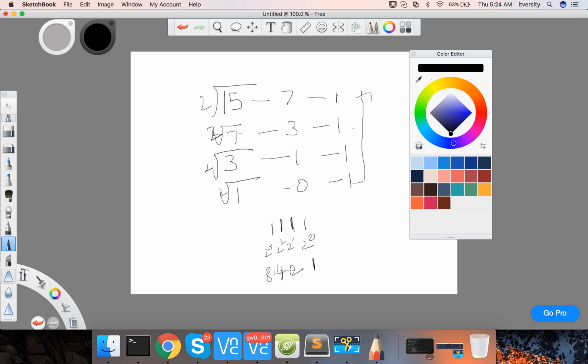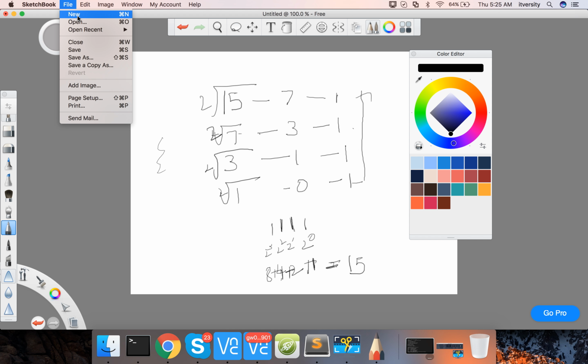Then you add these numbers. So 8 plus 4 is 12, 12 plus 2 is 14, and 14 plus 1 is 15. This is not writing properly, just bear with me. I will try to resolve it later. Anyway, this is how you can convert from decimal to binary and binary to decimal.